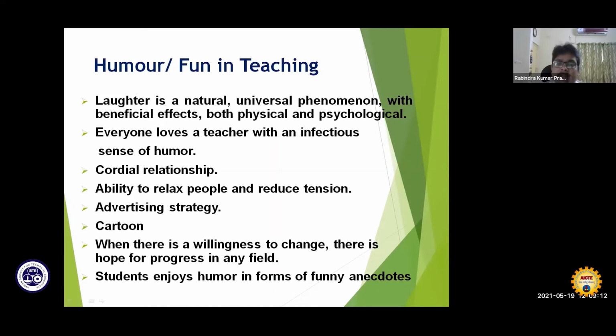It creates a lot of feelings, a sense of humor, and a cordial relationship with the students or among the students. It also involves the ability to relax people and reduce tension.